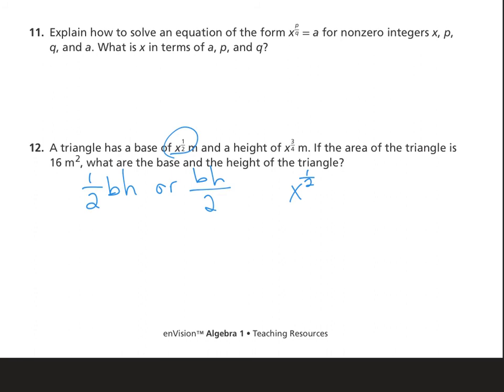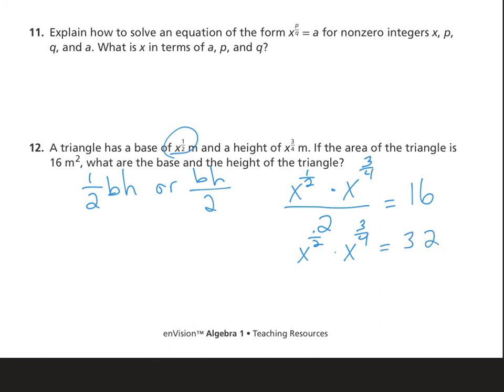My height is x to the 3/4. You divide this whole thing by 2, and it equals 16. So the first thing I'm going to do is multiply by 2, so that I'm left with x to the 1/2 times x to the 3/4 equals 32.